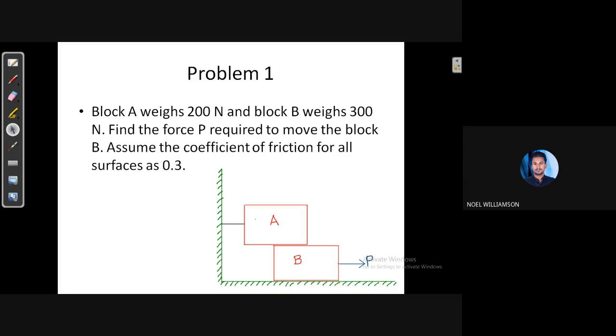So when you have finished drawing the figure, just put it in the chat box.